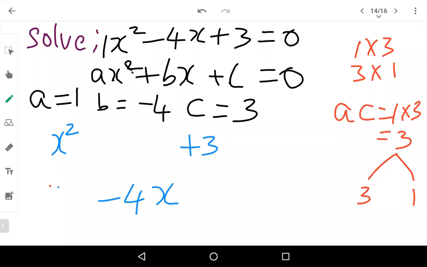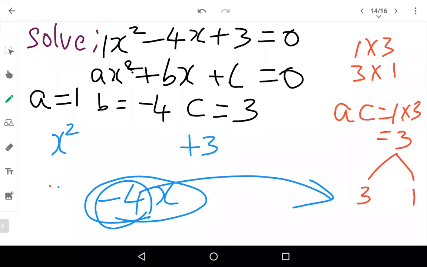Now this minus 4 should be the factors here. If you want to get minus 4 from this, when you add or subtract, you should be able to get minus 4. So if I change the sign to minus 3 and minus 1, minus 3 and minus 1 will give me minus 4.